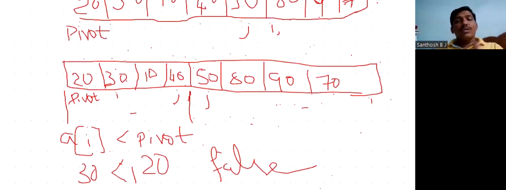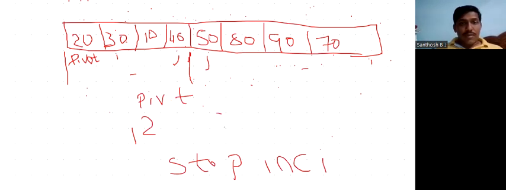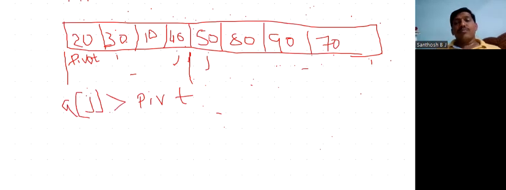So now move on to the j value. You stop incrementing I, so come to the next condition, j. What is the second condition? A of j is greater than the pivot value.